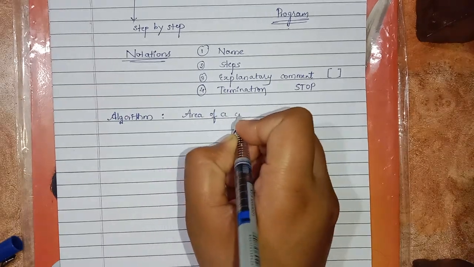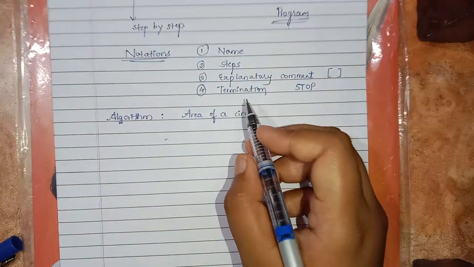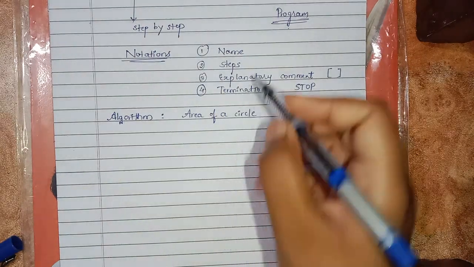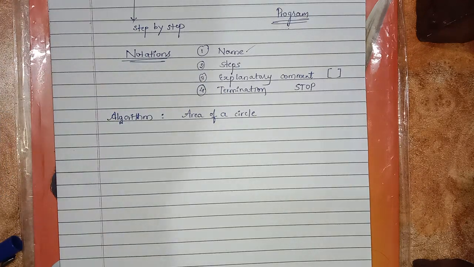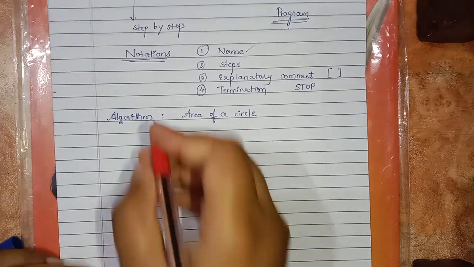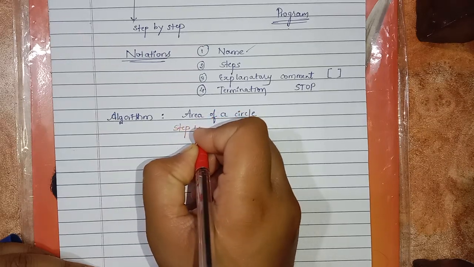Area of a circle. This is the name of the algorithm. Okay, first step. Right, now start the steps. What is step 1? Step 1.